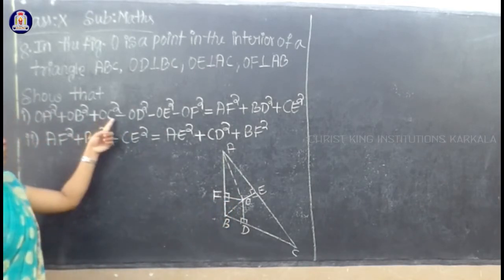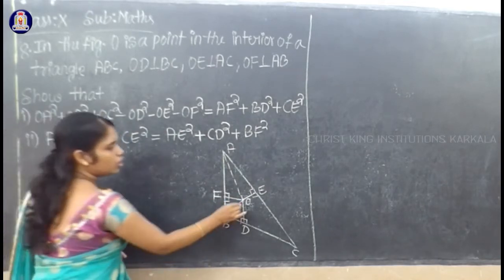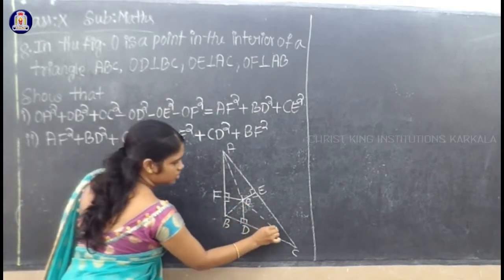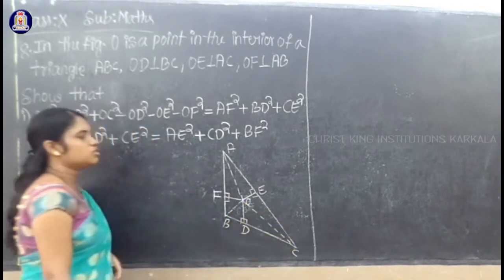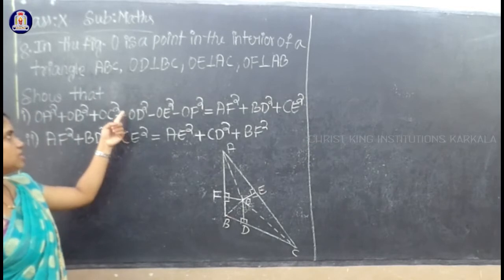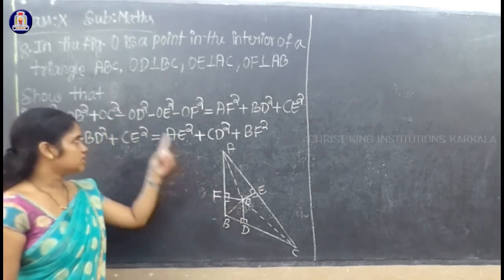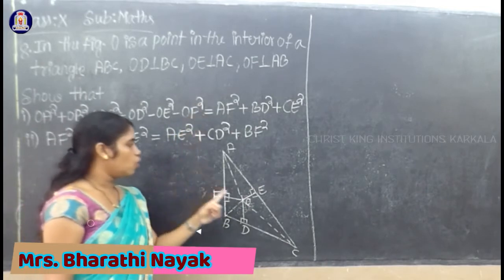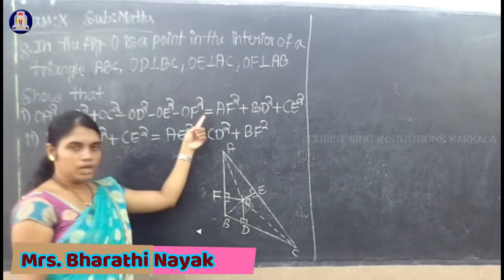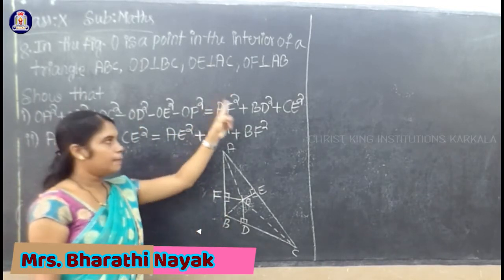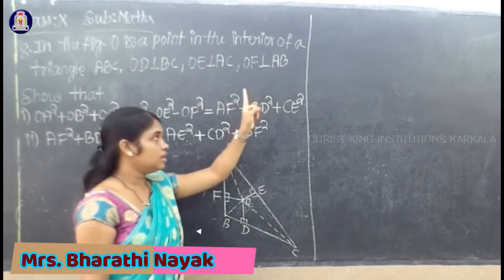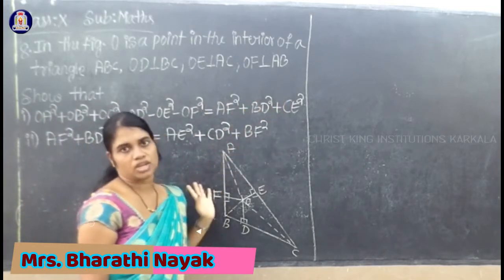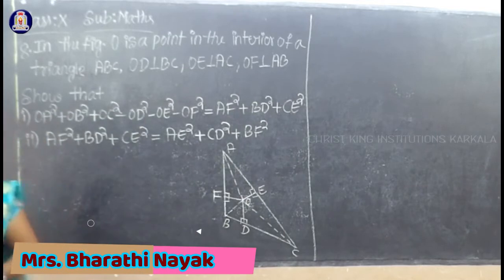Next, OC square is given, so I will join this OC. This is your OC. Minus OD square minus OE square minus OF square equal to AF square plus BD square plus CE square. This is your first subquestion.